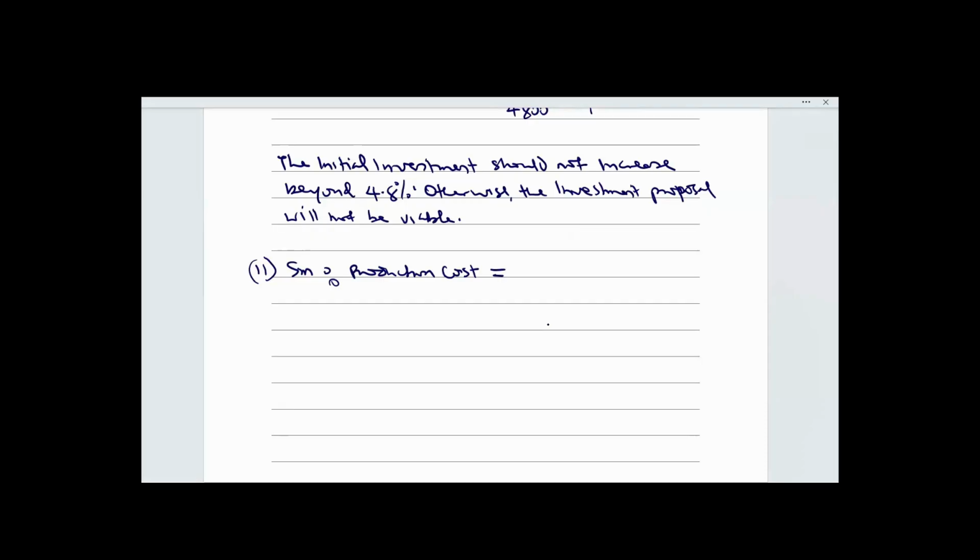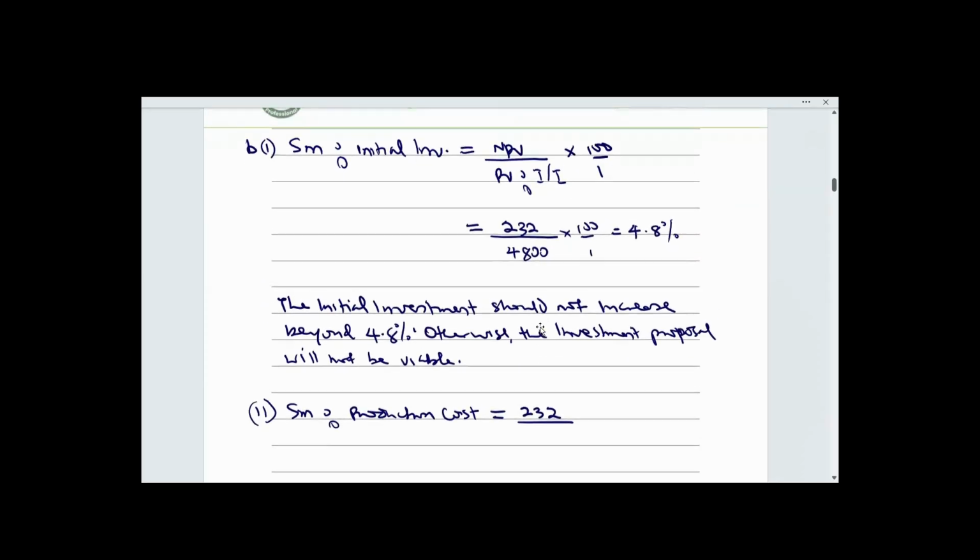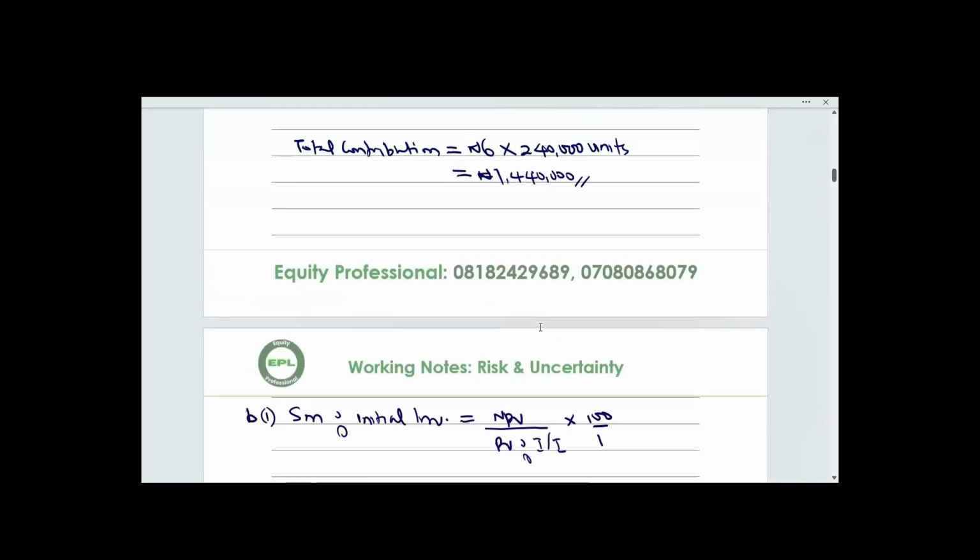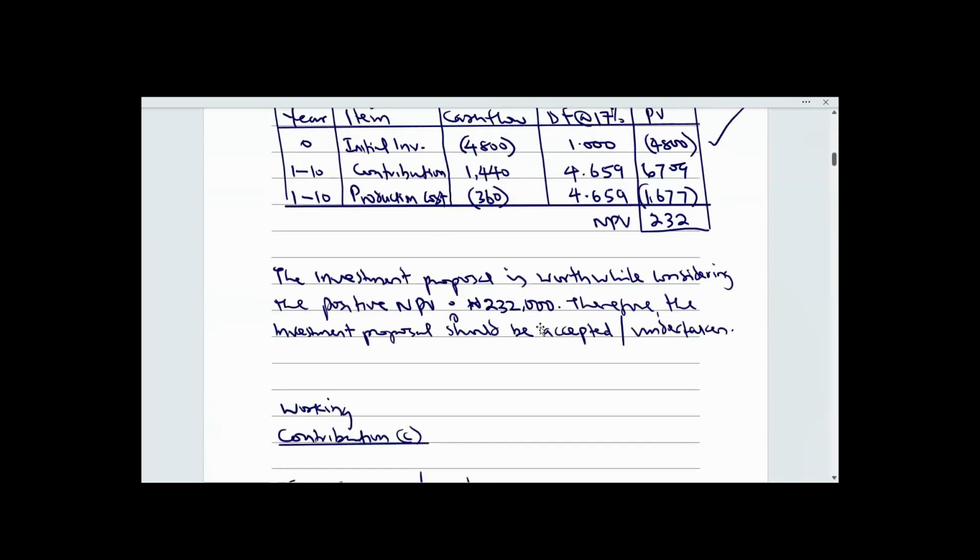So provided you are not calculating for cost of capital and project life, the formula will still remain NPV over the present value of variable. NPV is 232. Then the present value of production cost in this question is 1677.